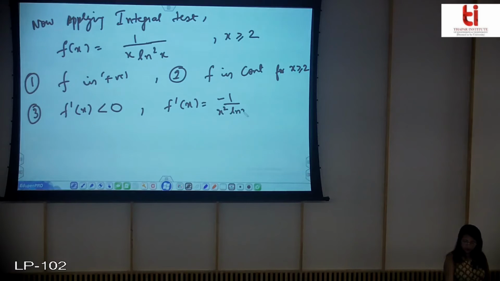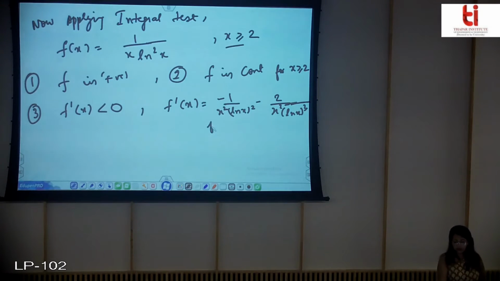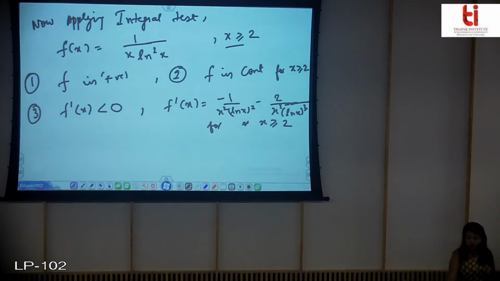If you differentiate it, you will get this, which is obviously less than 0 for every x greater than or equal to 2. Now all three conditions of the integral test are satisfied, so we can apply the integral test.